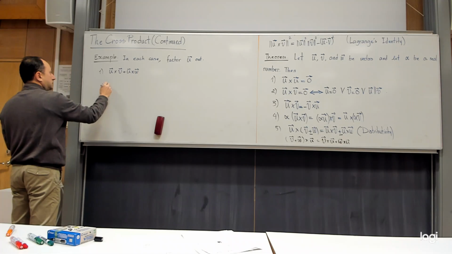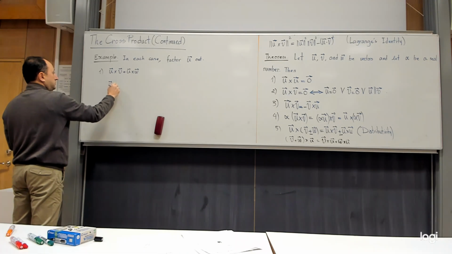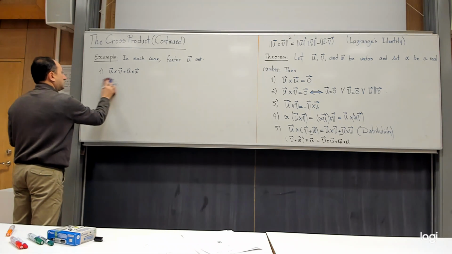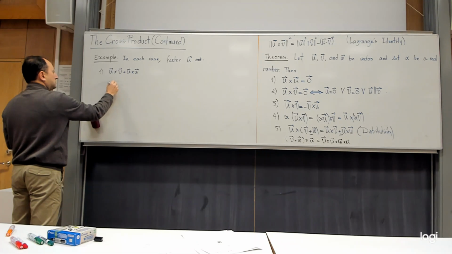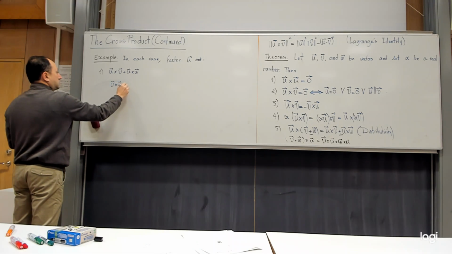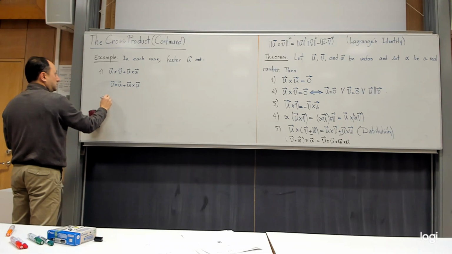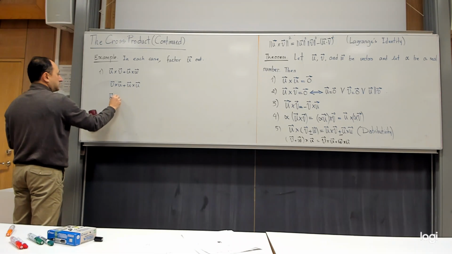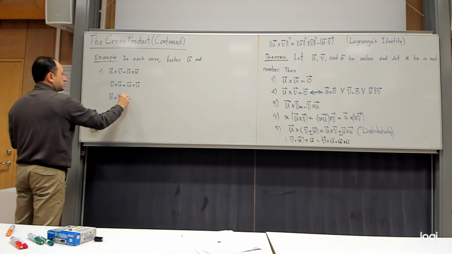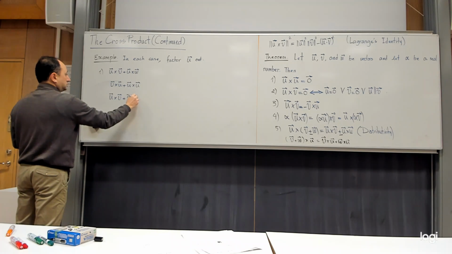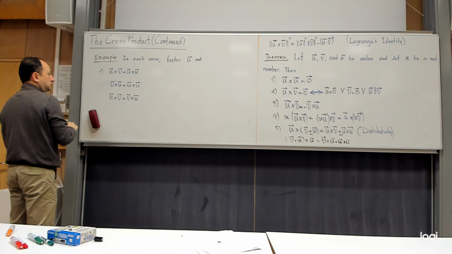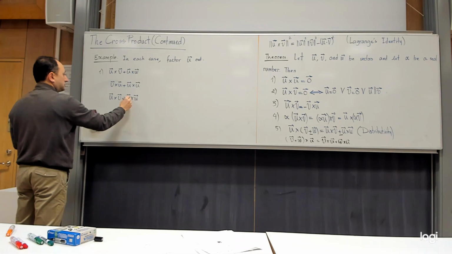Number 2, u cross v plus w cross u. And the third one, u cross v plus v cross w.